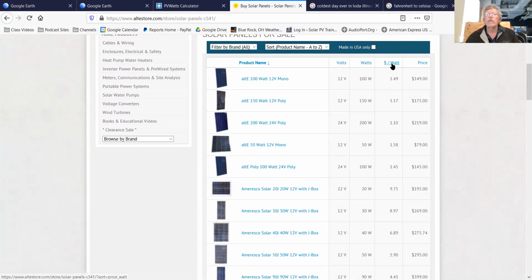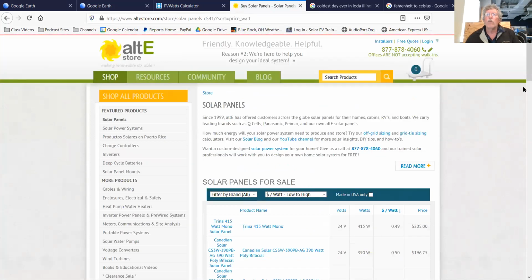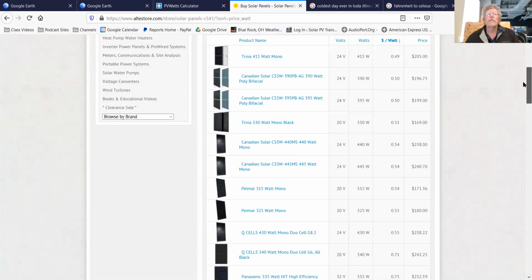So I'm not really too concerned with the panel manufacturer. I'm just going to go with the cheapest price per watt. So I've sorted on price per watt, and I find their Trina Solar 415s, they're charging 49 cents per watt. I could go with Canadian Solar 390s, that's 50 cents per watt. So let's go with the Trinas.